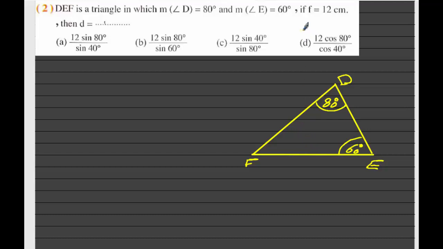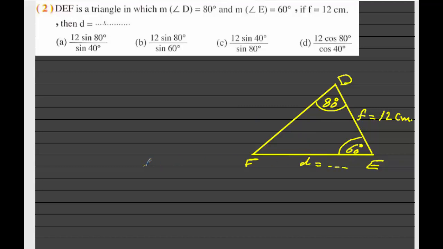And f equals 12 centimeters. Now here is d. What is the length of d?